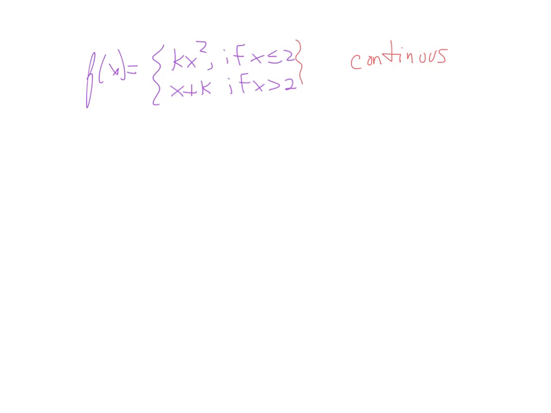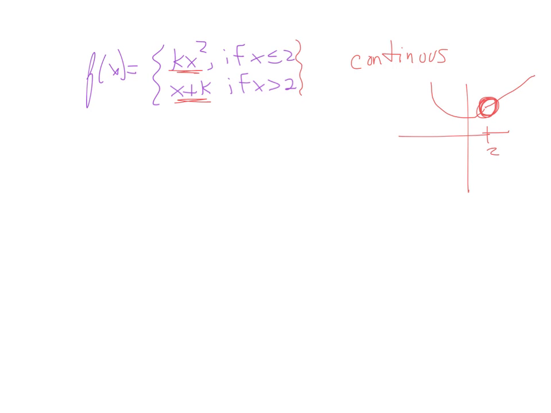Because it looks like something different is happening around the value of x equals 2, because the function is defined as one thing for x values less than or equal to 2, and then as a different function when x is greater than 2, we need to make sure that when we're graphing it, if we're coming along with one function and we stop at x equals 2, then we start up with another function, if it's going to be continuous, there can't be any gap in the graph at x equals 2.